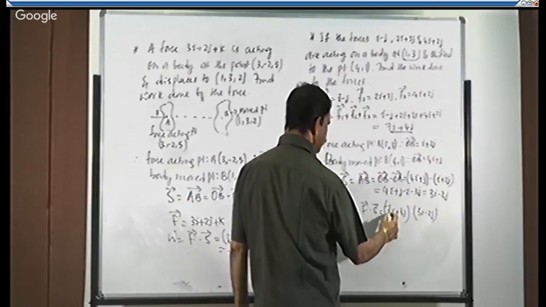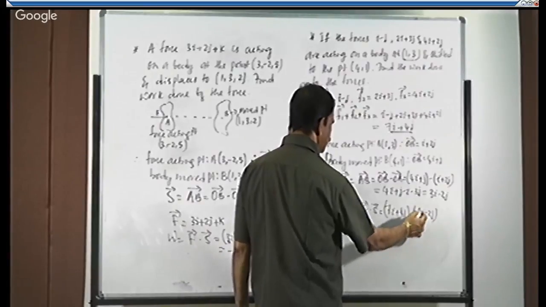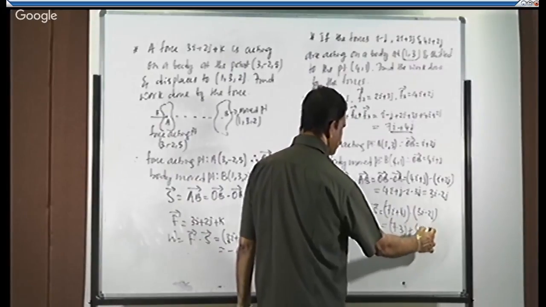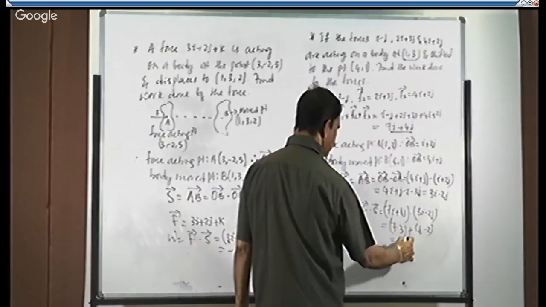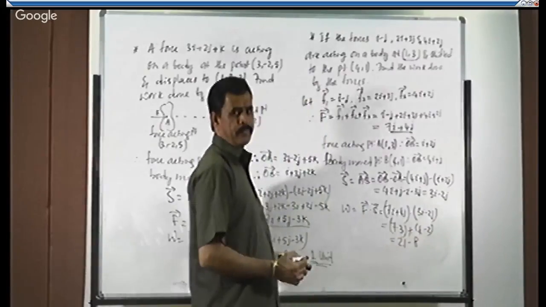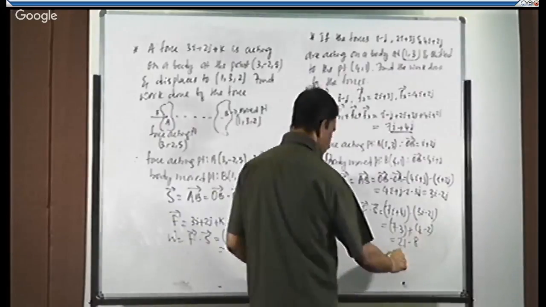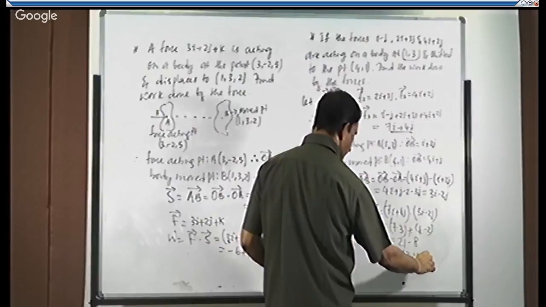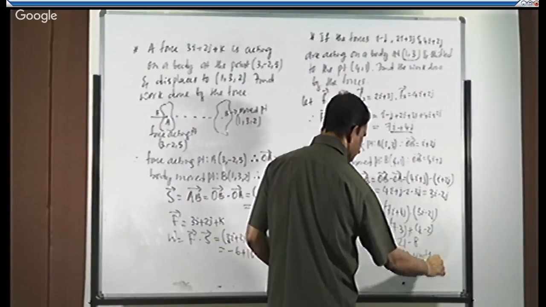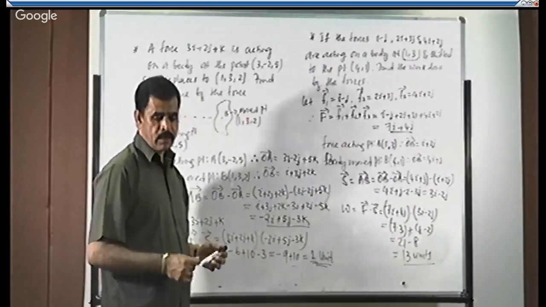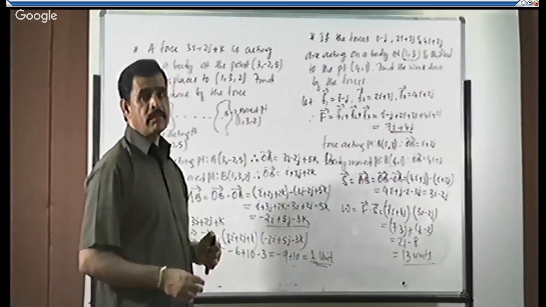That is 7 into 3 plus 4 into minus 2. 7 3s are 21, plus minus 4 2s are 8. So finally you will get 13 units. That is the total work done by the forces.